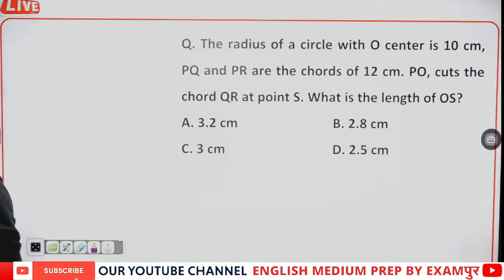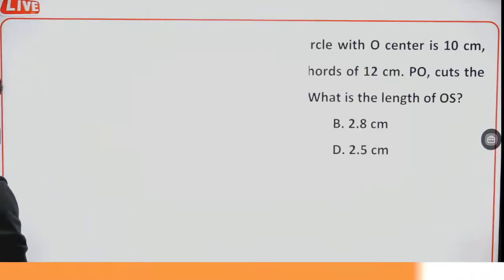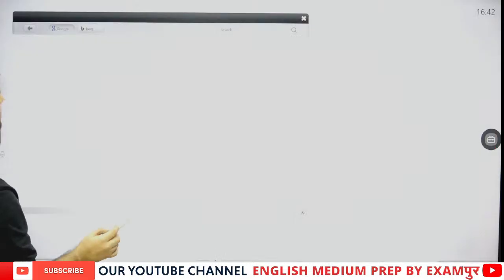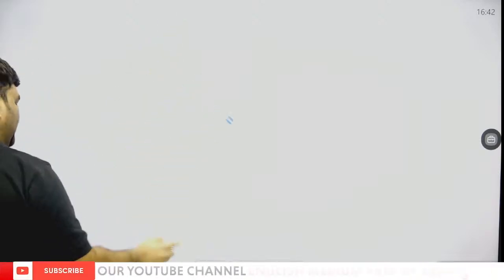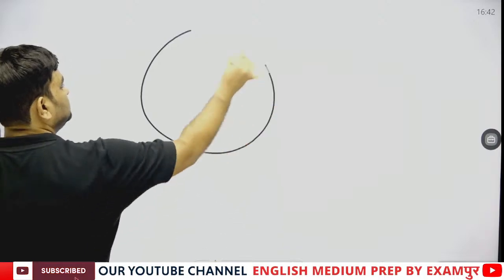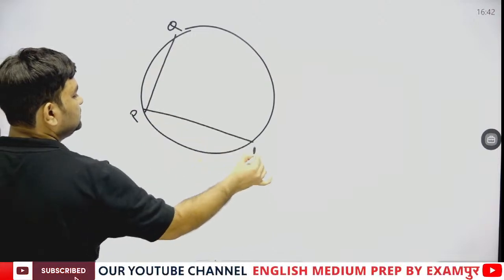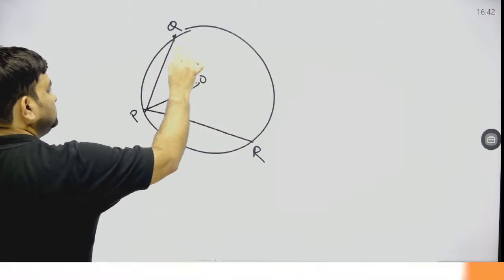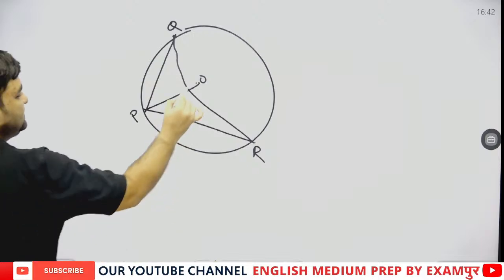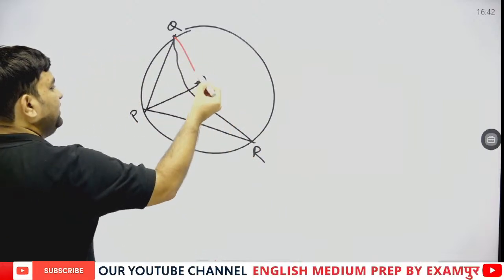PQ, PR, center O, PO cuts the QR, okay? This is the radius.